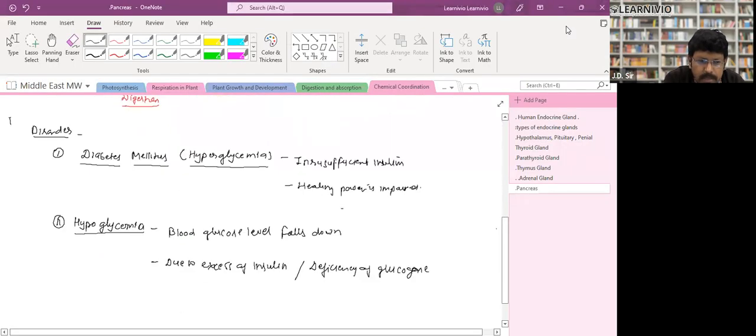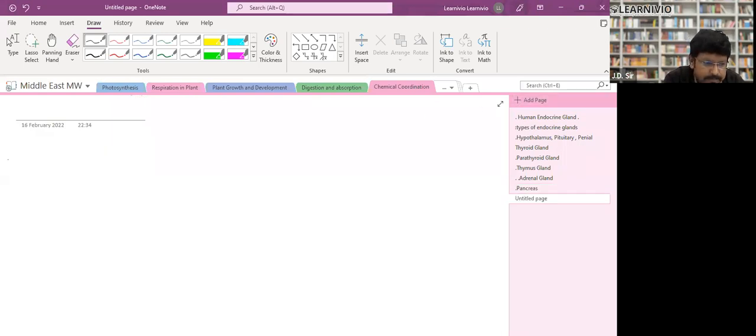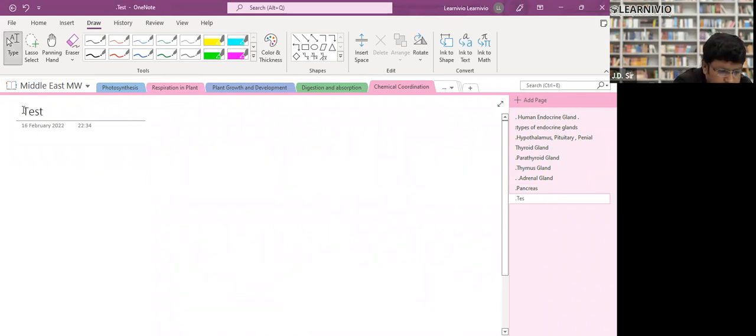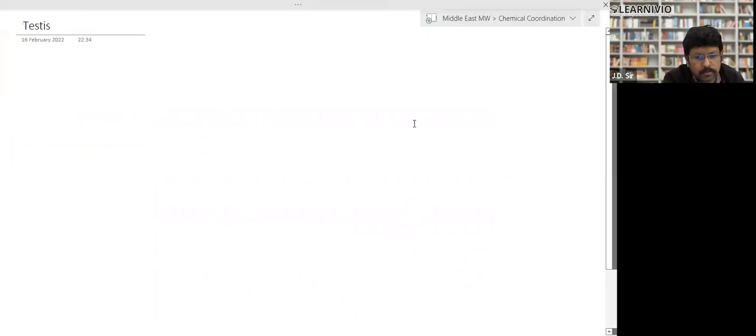Now the next gland is testis. Right? So as you know, it is found in the male only, right? So please note the function of testis.